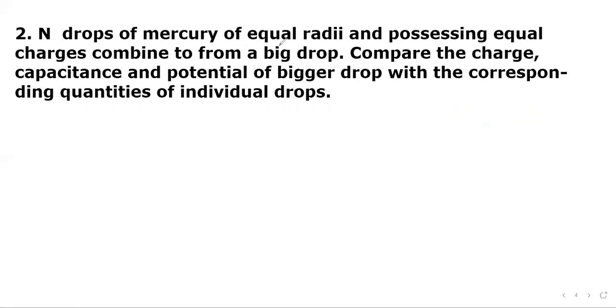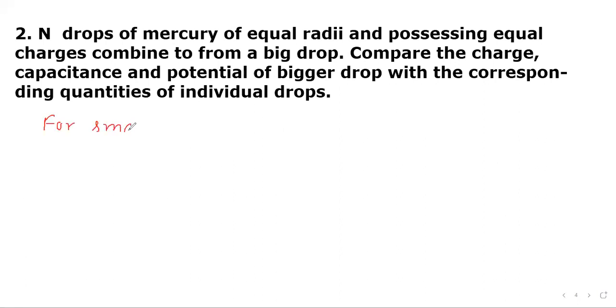N drops of mercury of equal radii and possessing equal charges combine to form a big drop. Compare the charge, capacitance, and potential of the bigger drop with corresponding quantities of individual drops. So let's consider the smaller drop.